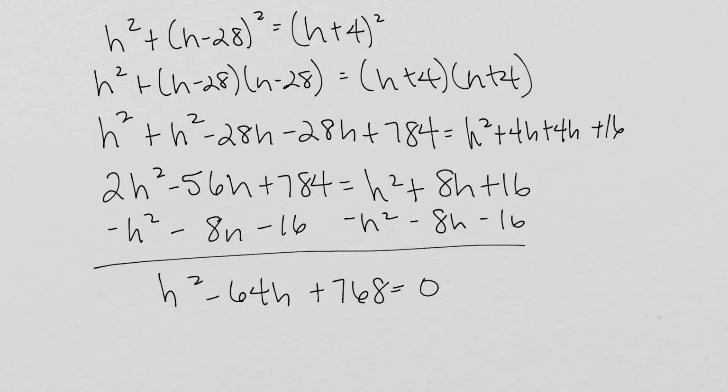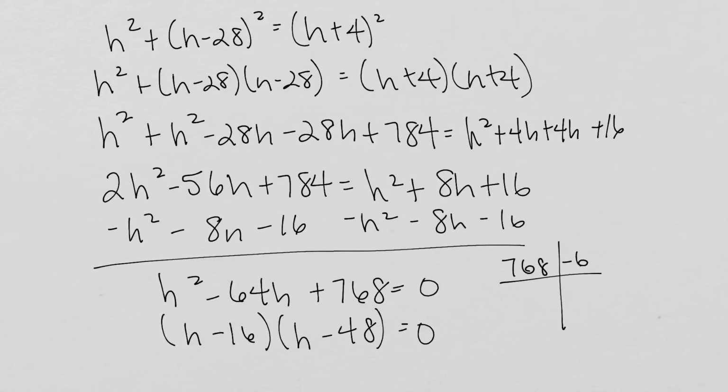And these two things are going to factor into (h minus 16) and (h minus 48). So you're just trying products, two things that multiply together to give you 768, and when you add them together give you negative 64. And when it's big like this, I got kind of lucky and I hit it on the first one.